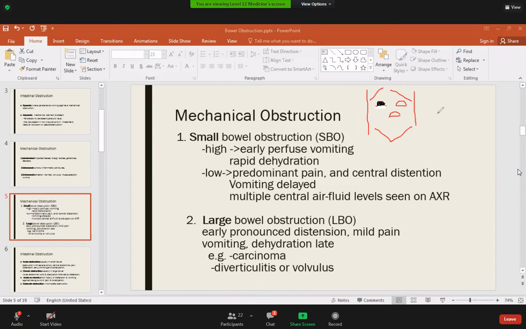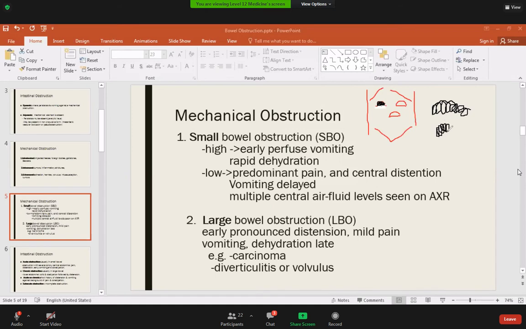these have some specific shapes. If you have an appearance like this in that air fluid level, with through and through circular folds, these are called the plicae circulares, which are in the wall of the jejunum.